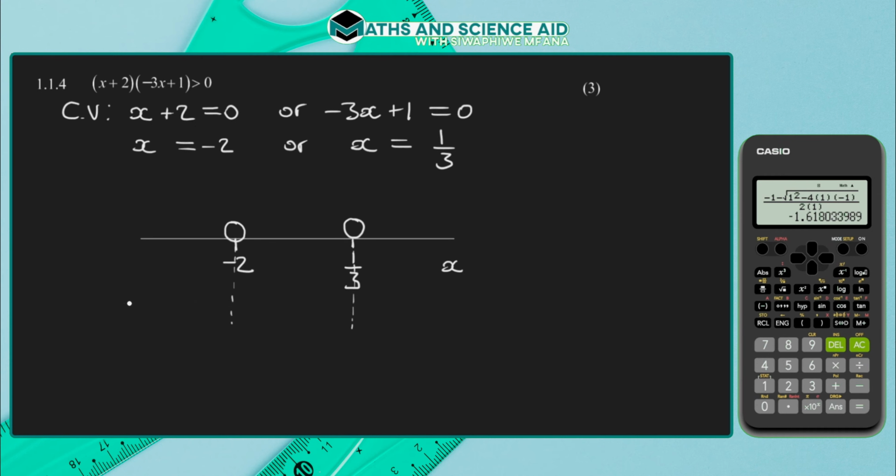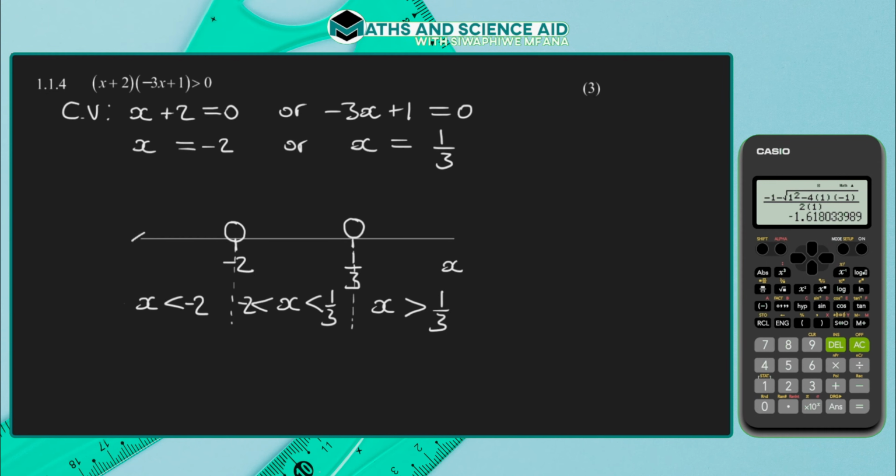So here on this side, we've got values of x that are less than negative 2. And then here, we've got values of x that are greater than negative 2 but less than 1 over 3. And then here we've got values of x that are greater than 1 over 3.